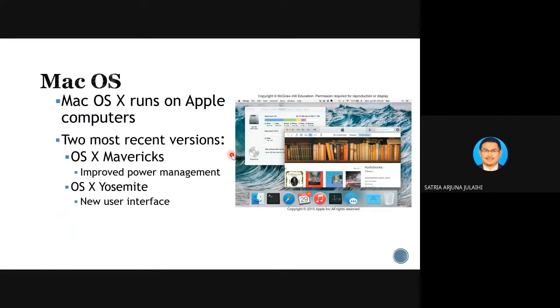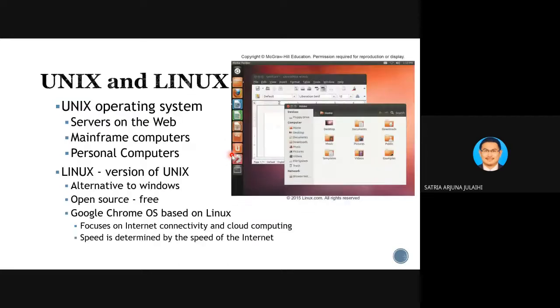Okay, Mac OS in Apple, Unix and Linux. Okay, Unix and Linux is called open source software, free software. What is an open source software?